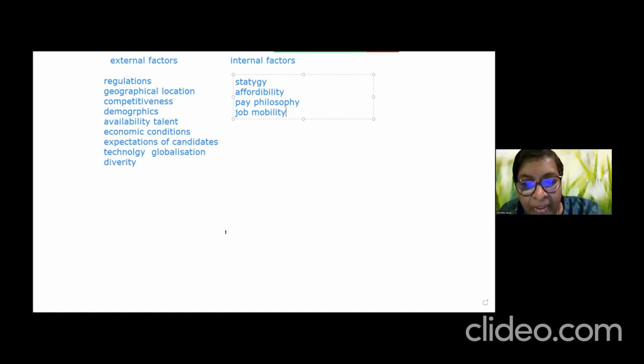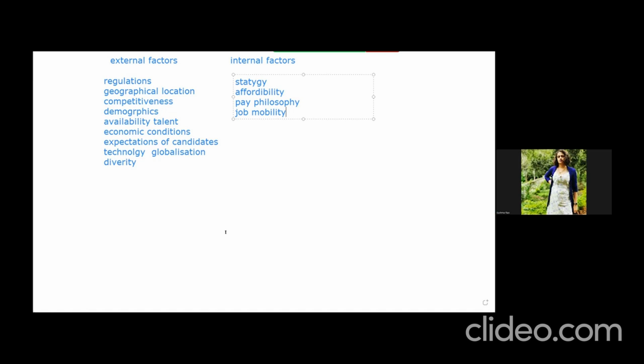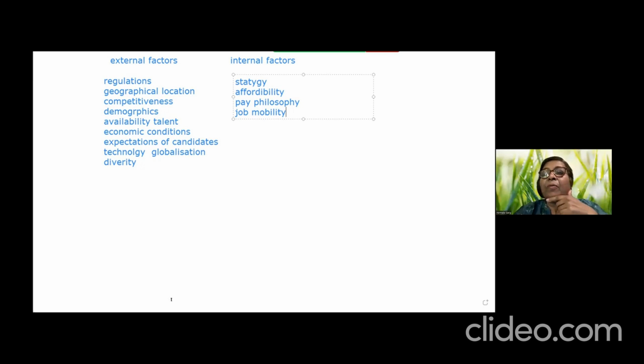We're coming to that. So you are now getting into how organizations compensate if I have a premium skill. Yes, we will come to that. We're just trying to look at what are some of the factors which are actually impacting compensation.